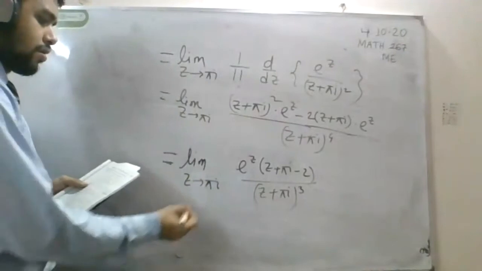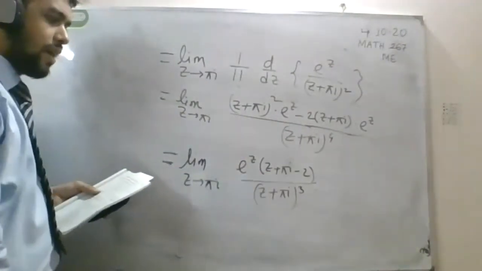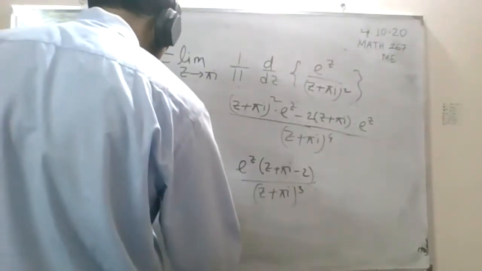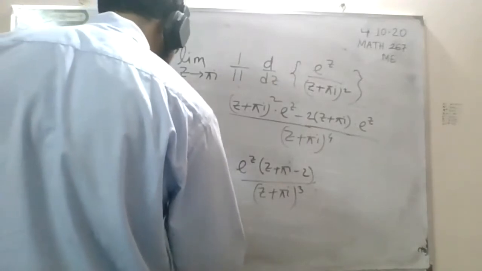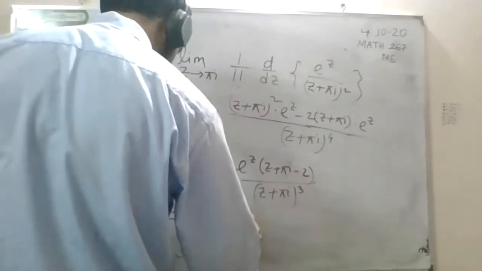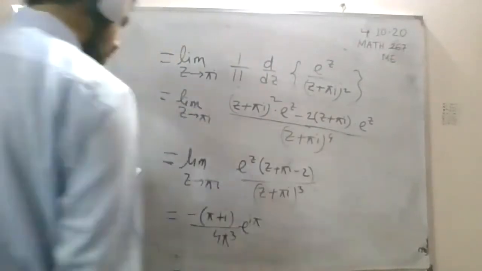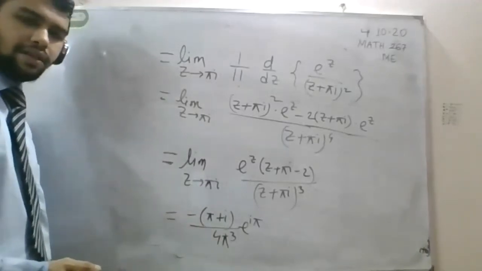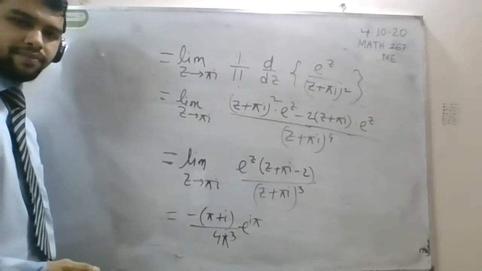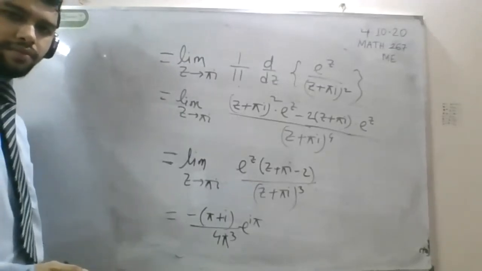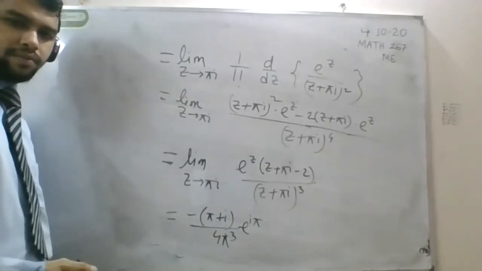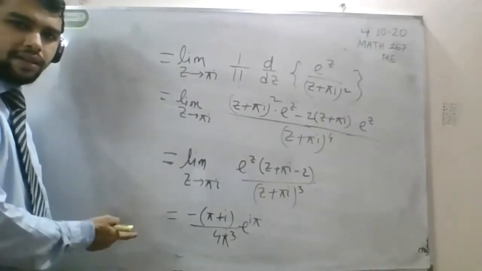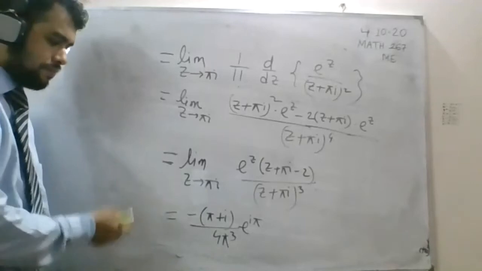Now just put the value z equals pi I, and after that you can get minus pi plus I divided by 4 pi cube, and also e to the power pi I. Okay. This is the residue at z equals pi I.